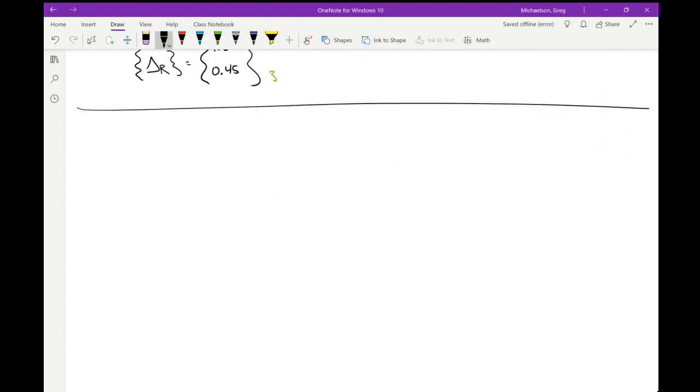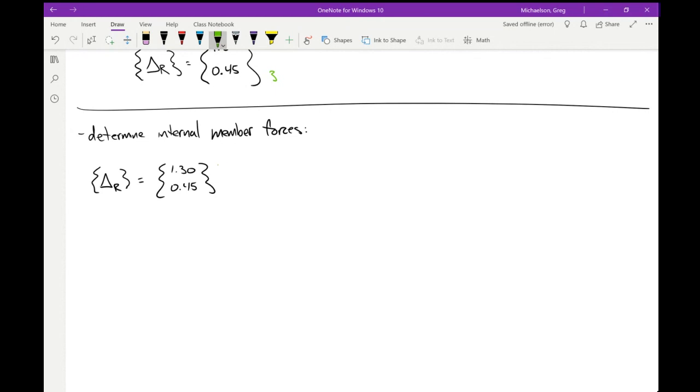We have 2 remaining things to do. The first thing to do is let's determine internal member forces. Now we know that delta R is 1.3 and 0.45, right? And that's based on joint 2 and joint 3.